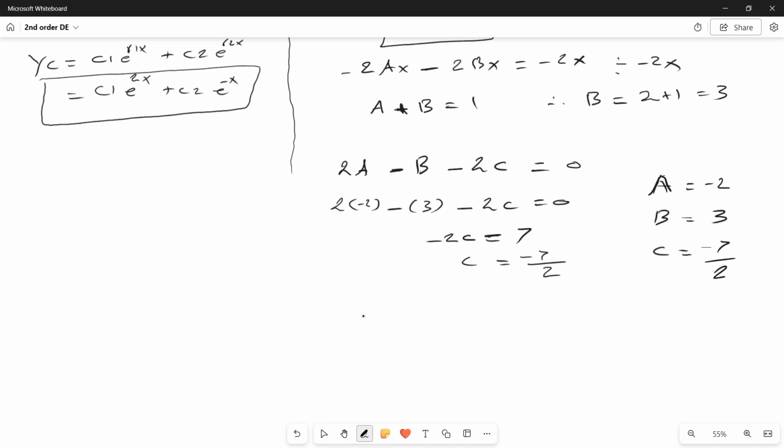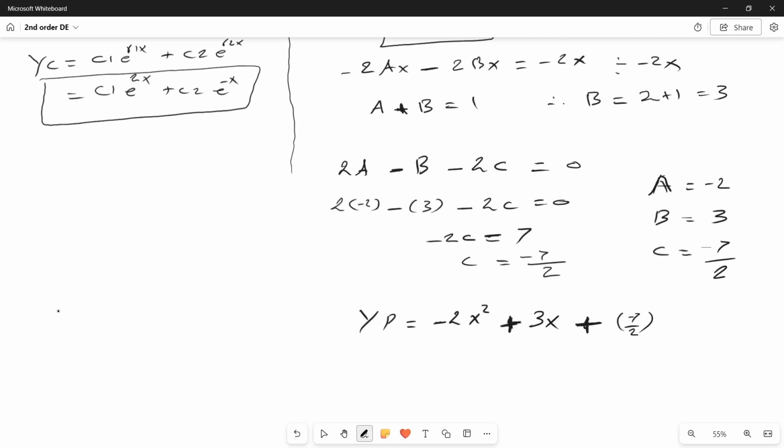Now all we have to do is to substitute them into our original formula. So we have ax squared, so we have negative 2x squared plus bx which is 3x plus negative 7 divided by 2.